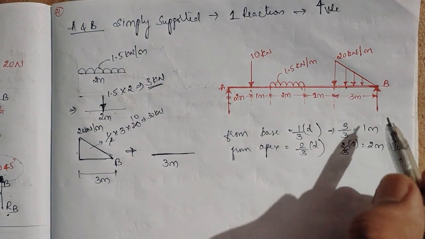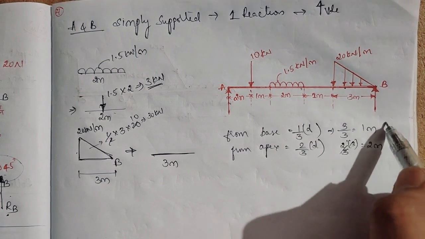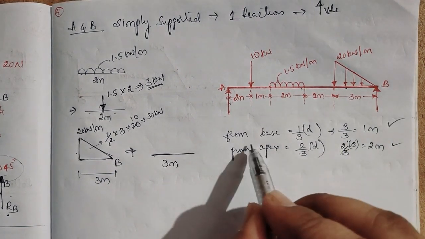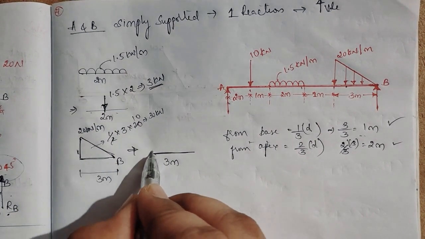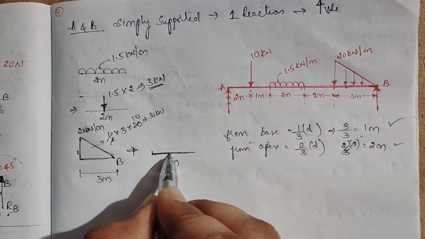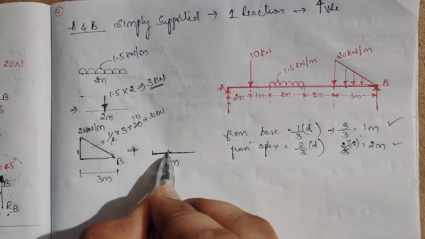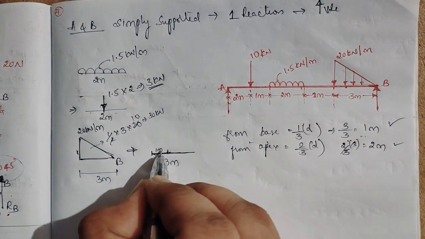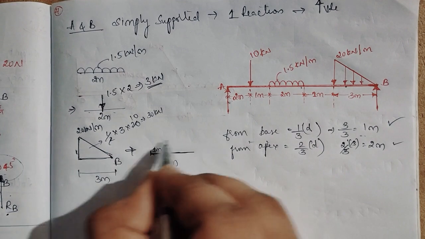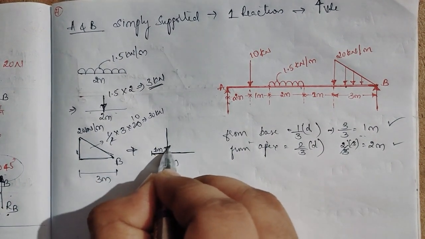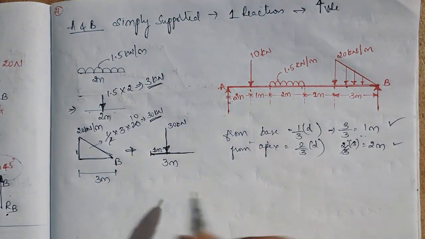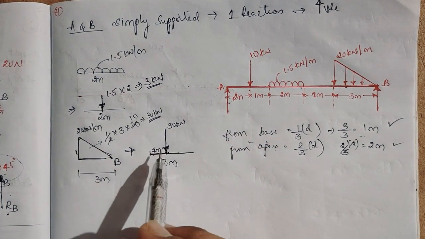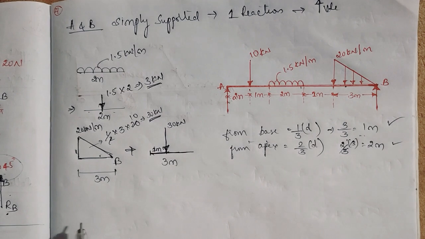You calculate only any one of these. From base it is 1 meter, so base is this one. At 1 meter distance you place the point load of intensity 30 kilonewton. This is the conversion of triangular load into point load.